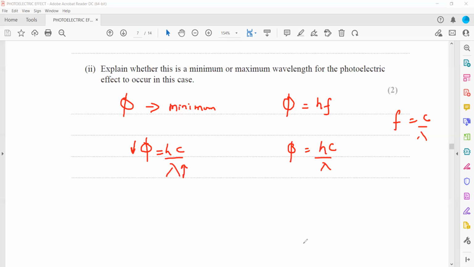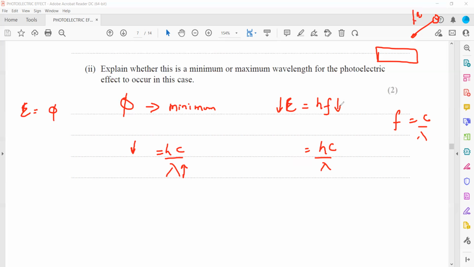But as the work function or the energy of the incident photon increases, the wavelength will decrease. Here E equals phi, and phi is the minimum energy, so in terms of energy this is the minimum energy which we supply.